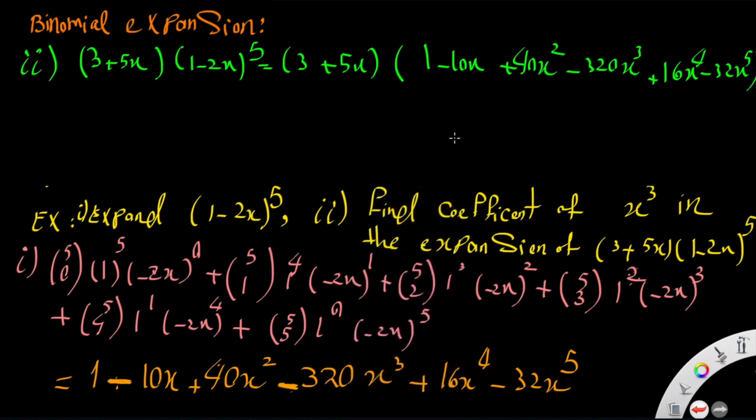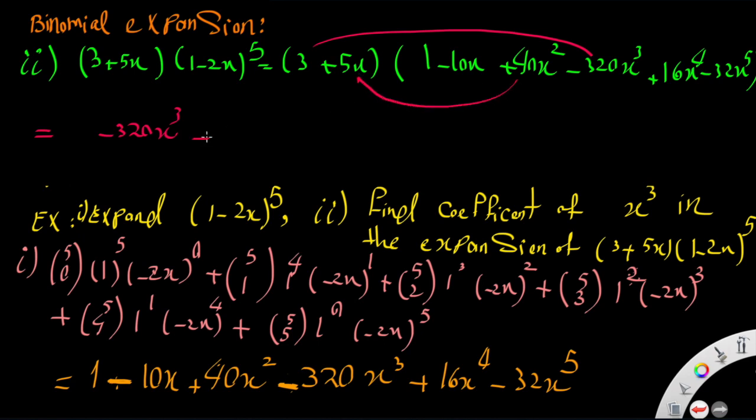Now it wants you to find the coefficient of x cubed. You don't need to multiply all terms term by term to see what the coefficient of x cubed will be. So 3 is a constant. If you multiply it by this term, it will produce x cubed. Here, 5x times x squared will give you x cubed.